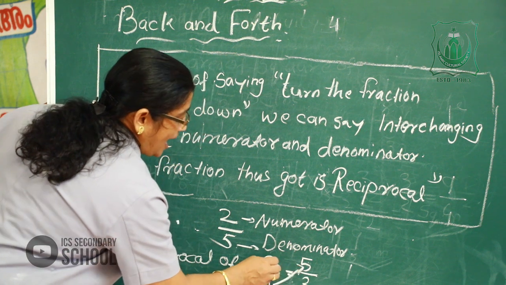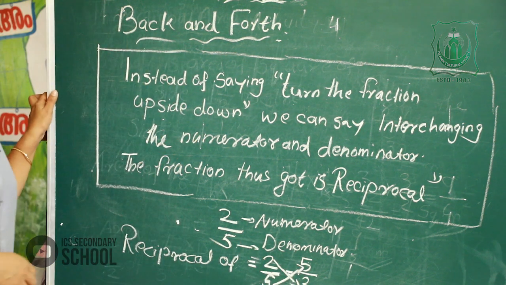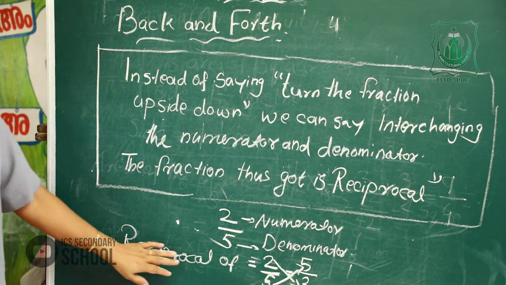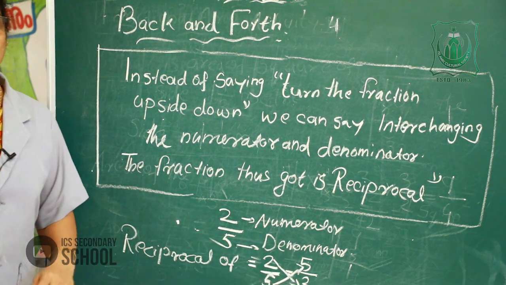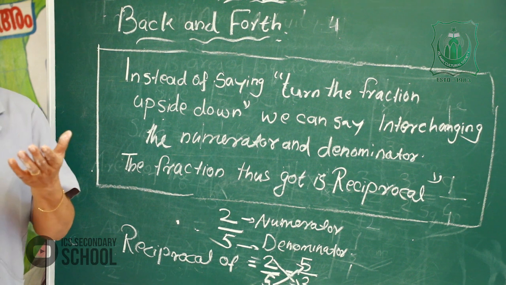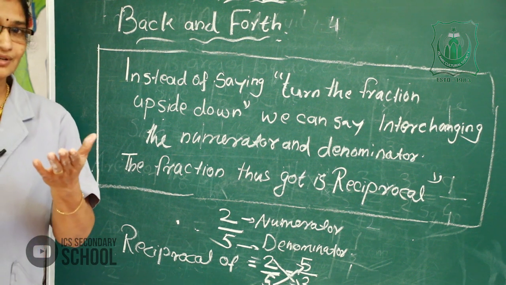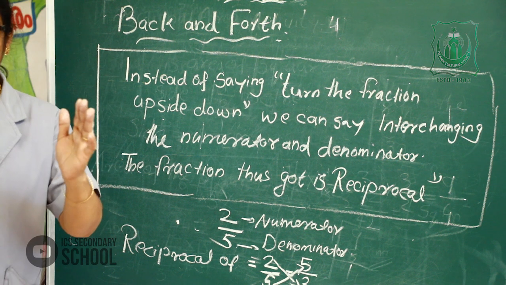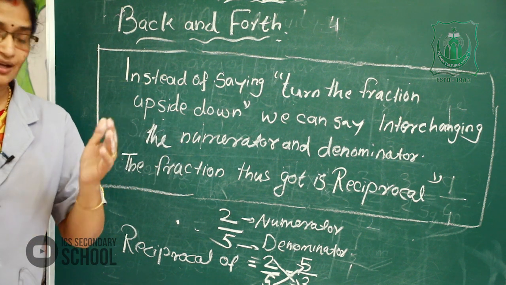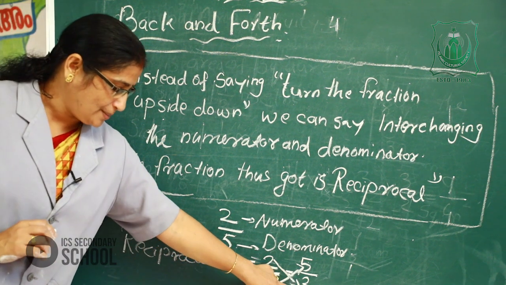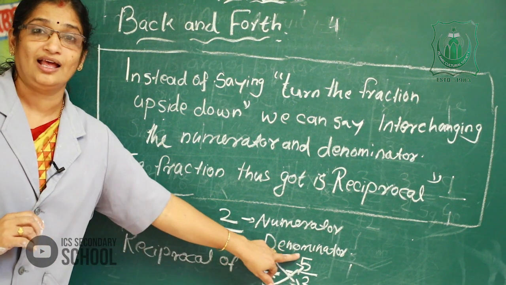The reciprocal of 2 by 5 is 5 by 2, by interchanging: the denominator becomes the numerator and the numerator becomes the denominator. Got it? Did you understand? Any doubt? The numerator changes to the denominator and the denominator changes to the numerator.